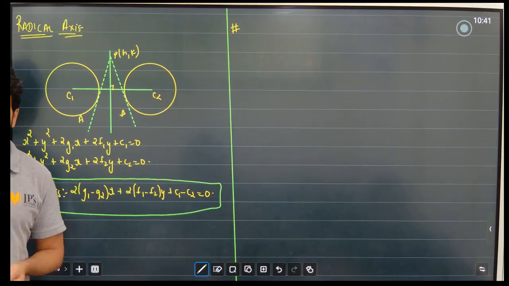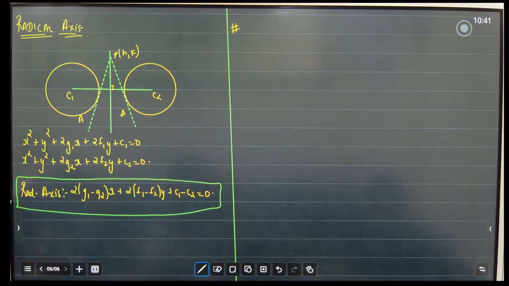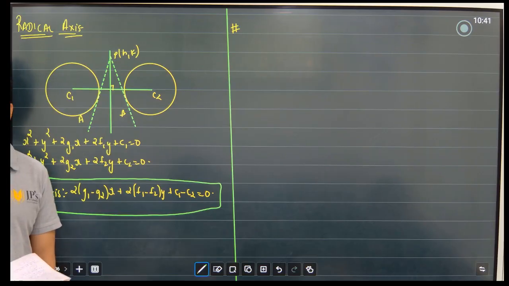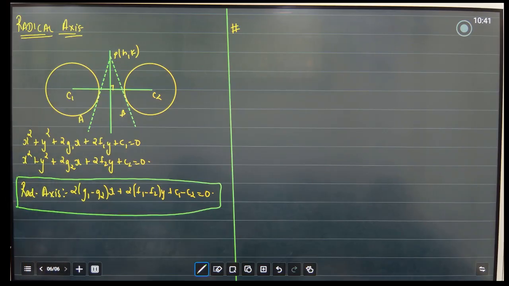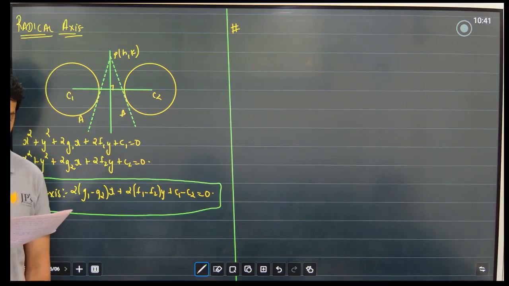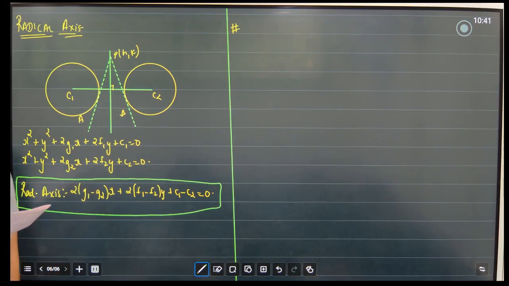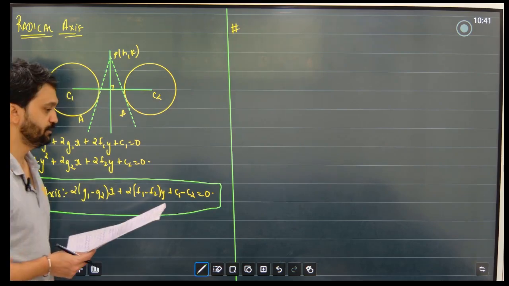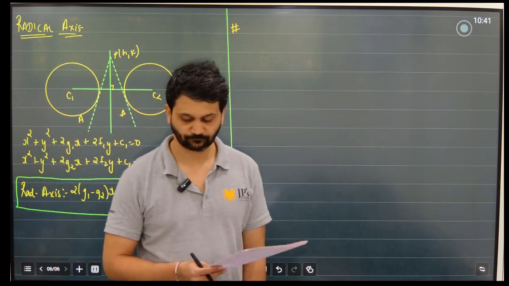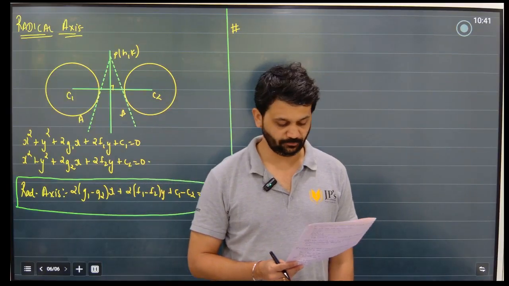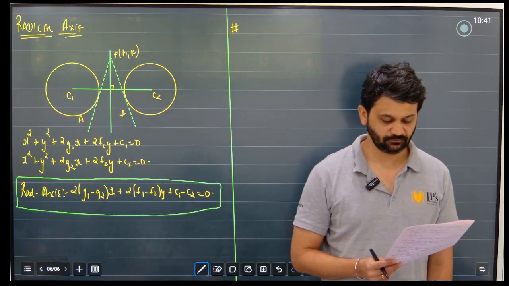Radical axis is always perpendicular to the line joining the centers of the circles.